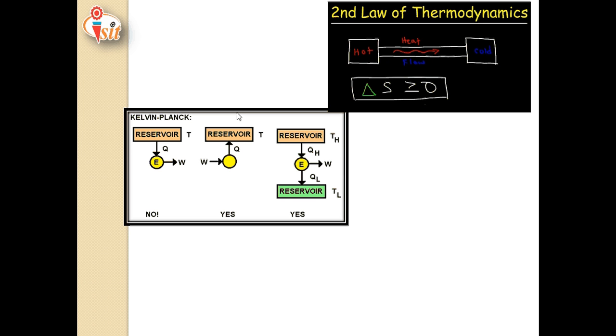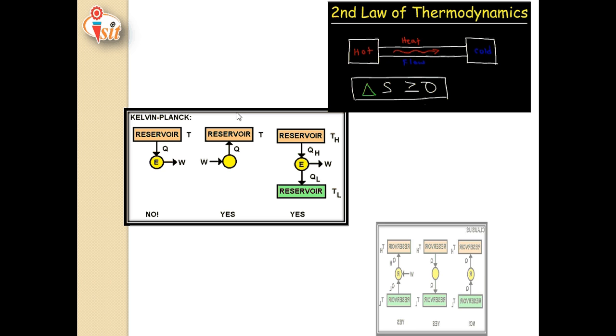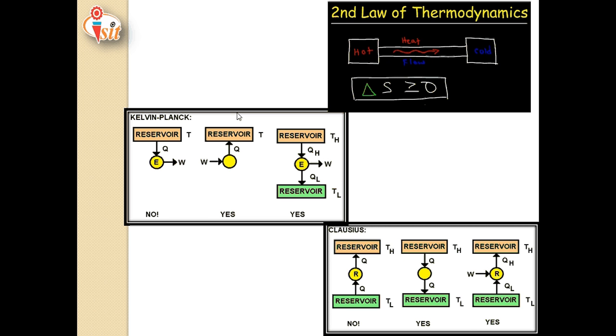For example, one reservoir and one engine are shown. That engine will extract QH amount of heat and reject QL amount of heat to the reservoir, so that it will run continuously. A heat engine is the best example. It works on the Kelvin-Planck statement.